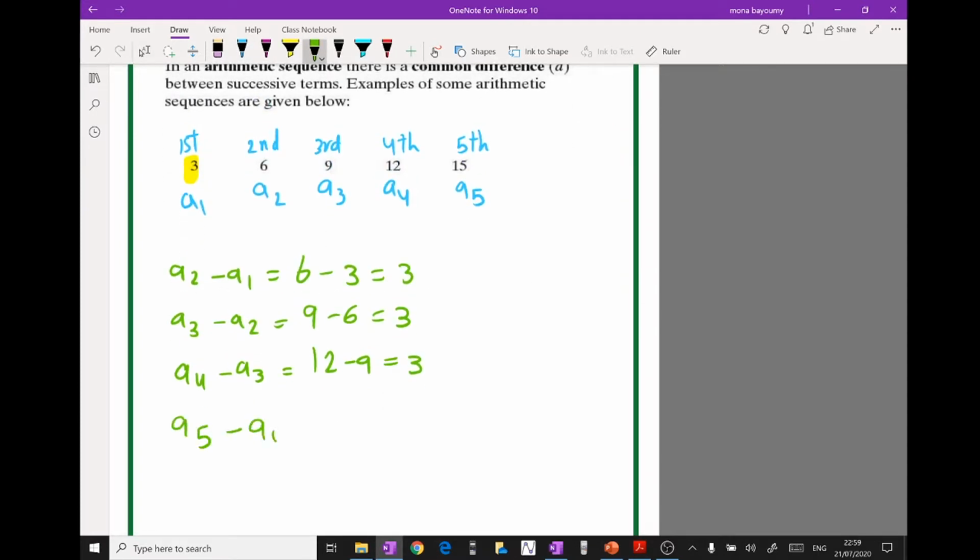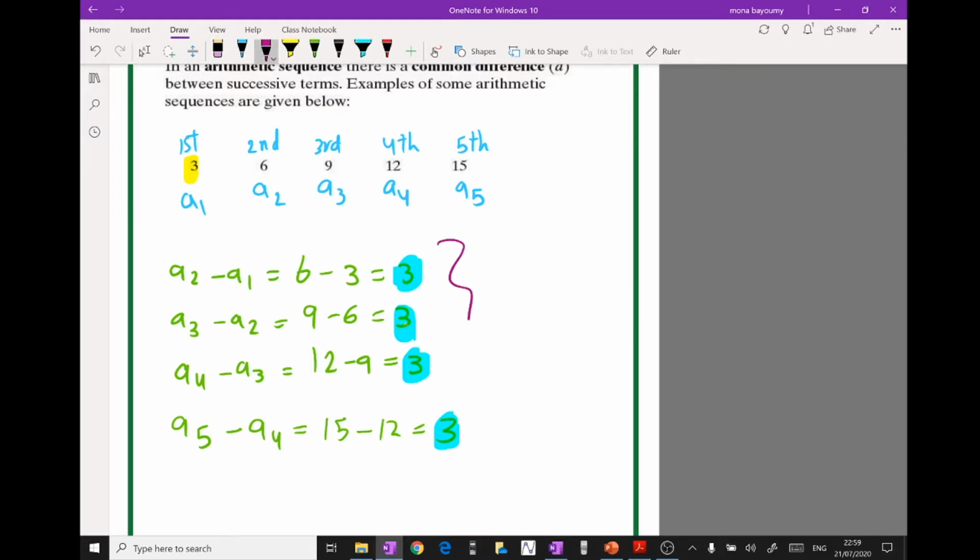A5 minus A4, which is equal to 15 minus 12, it is equal to 3. Look at the difference. The difference is 3, 3, 3. The difference between any two successive terms is common.